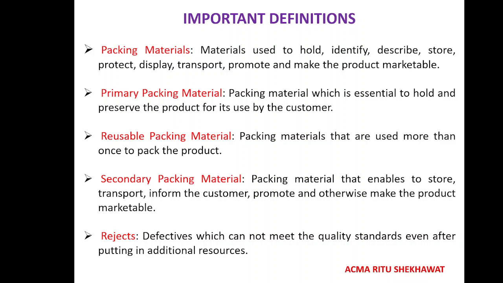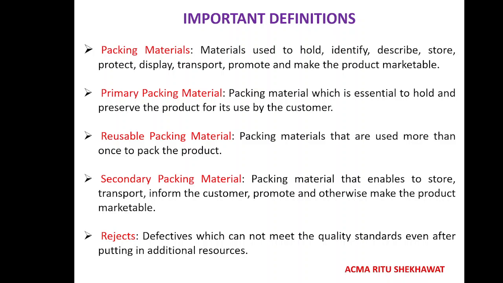The company always has to make it so that it contains the toothpaste in a tube shape. You have always seen your toothpaste in a tube. So that is the necessary, essential packing material used for toothpaste, and that is primary packing material.